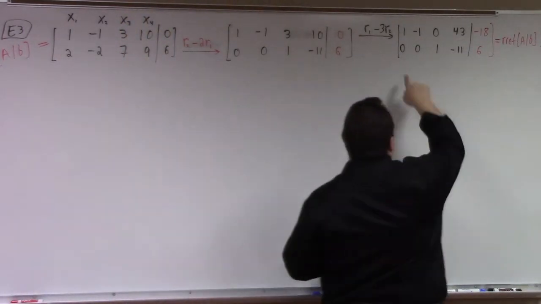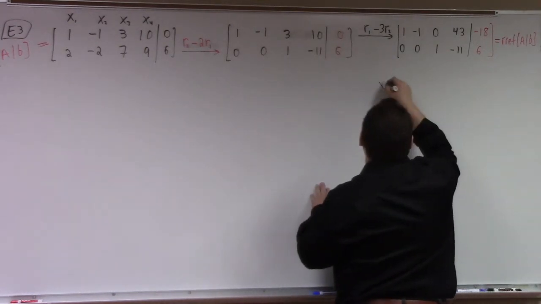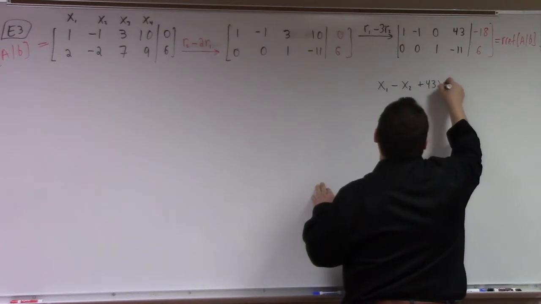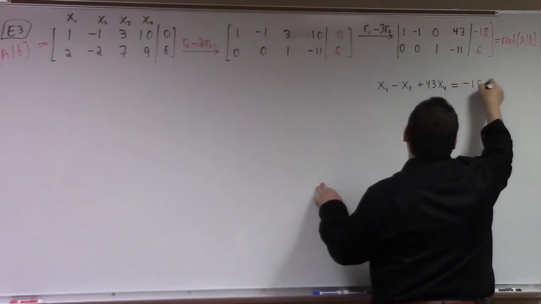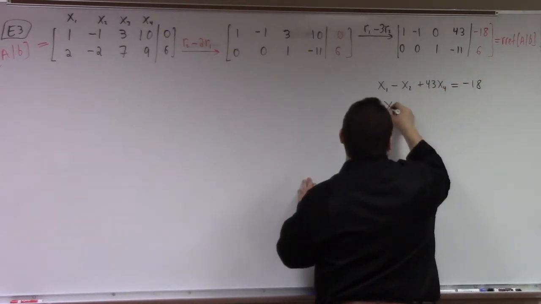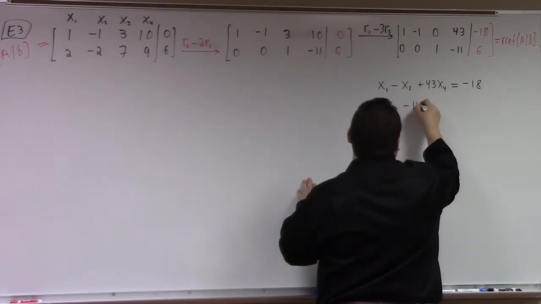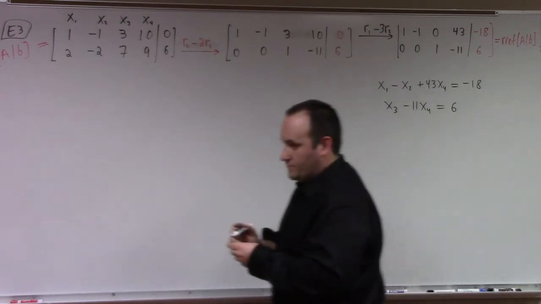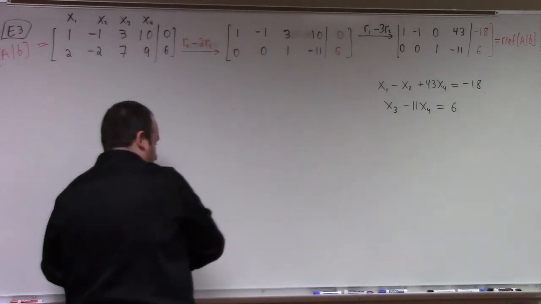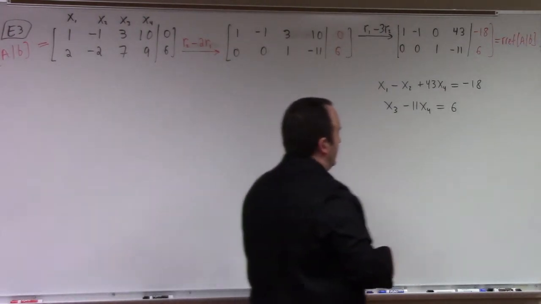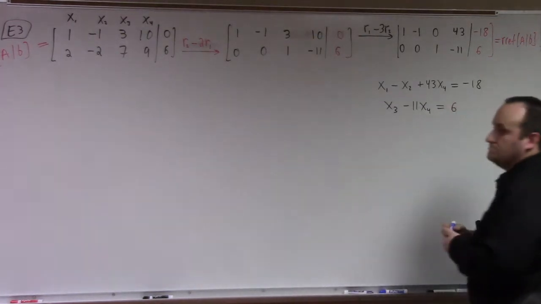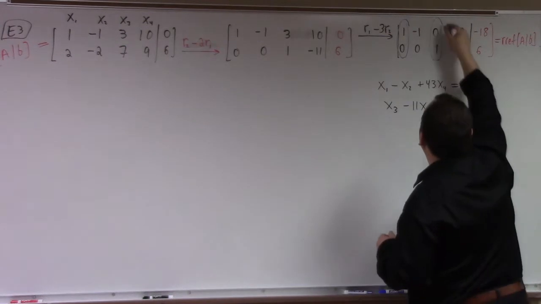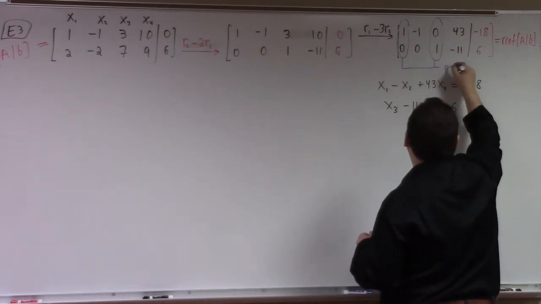So my equations here are what? x1 minus x2 plus 43 x4 equals minus 18, and x3 minus 11 x4 equals 6. So which columns are the pivot columns? Right, column 1 and column 3, these are pivot columns.